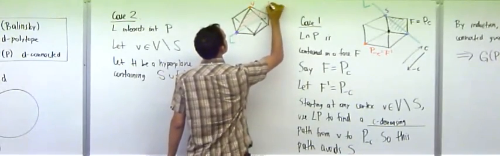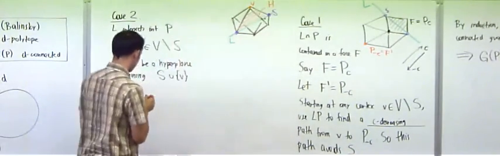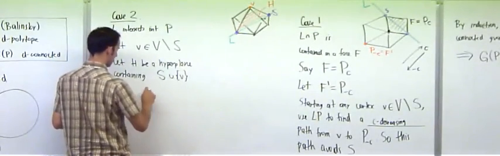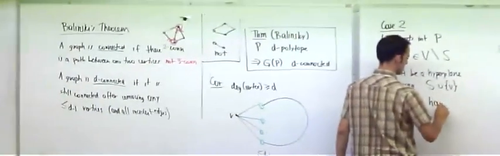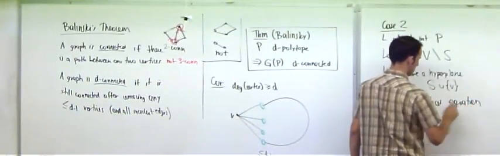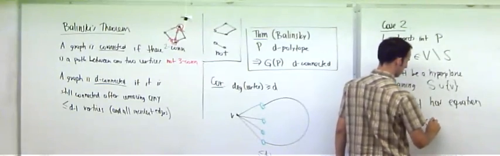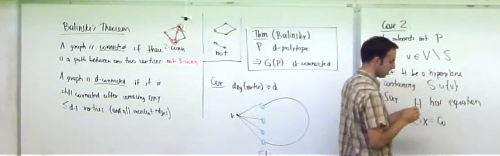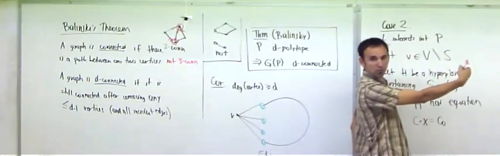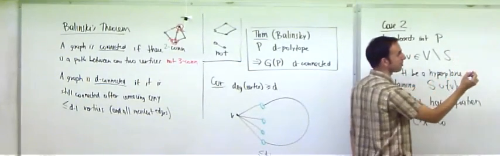H. And let's say that H has equation C dot x equals C0. In other words, what I'm saying is that the normal vector to H is called C.